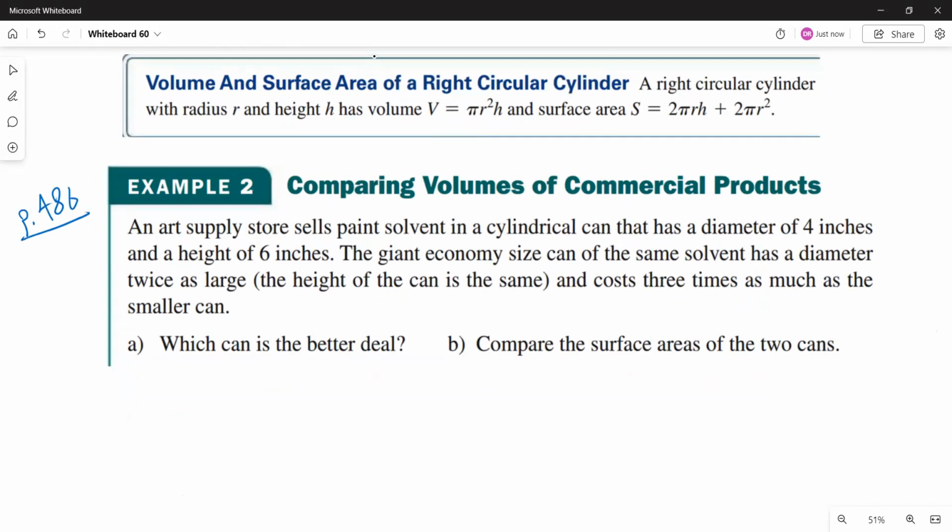An art supply store sells paint solvent in a cylindrical can that has a diameter of 4 inches and a height of 6 inches. The giant economy size can of the same solvent has a diameter twice as large and costs 3 times as much as the smaller can. The heights are going to be the same.